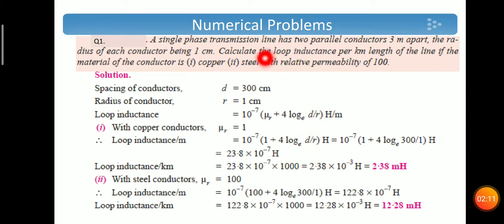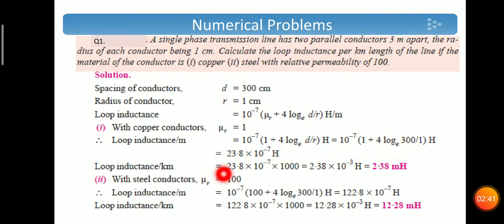We are asked to calculate inductance per kilometer length of the line, so for converting into kilometer, we have to multiply it with 1000. So 2.38 into 10 raised to minus 3 Henry, or 2.38 millihenry per kilometer.